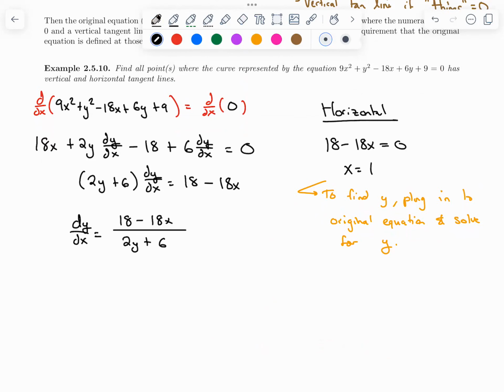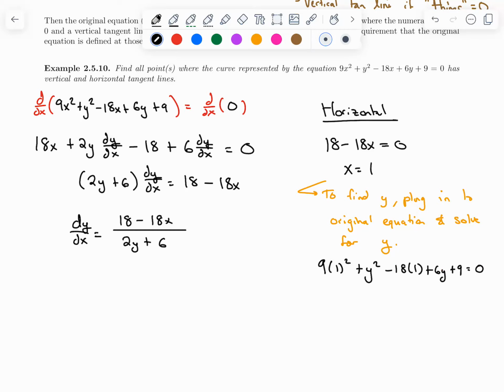So plugging 1 into the original equation, 9 times 1 squared, I'll write it down, but you can just plug it in. 9 plus y squared minus 18 times 1 plus 6y plus 9 equals 0.